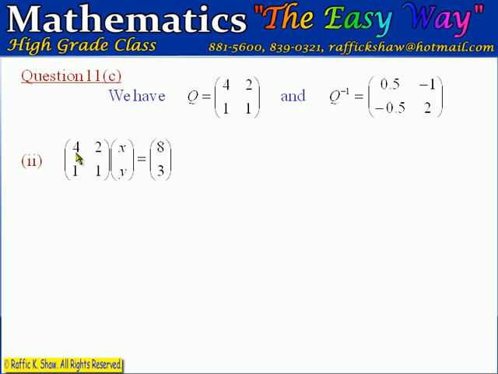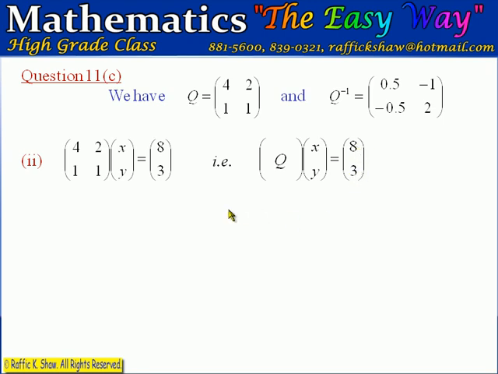Now if we observe, this 4, 2, 1, 1 really is the matrix Q. So in reality, what we have is a matrix Q multiplied by this column matrix XY being equal to this column matrix 8, 3.